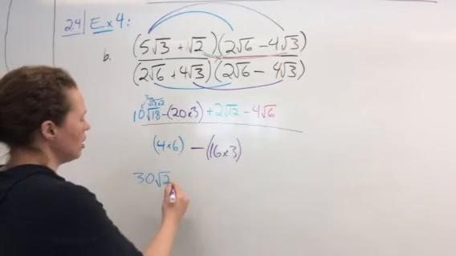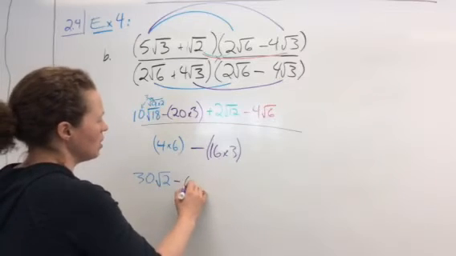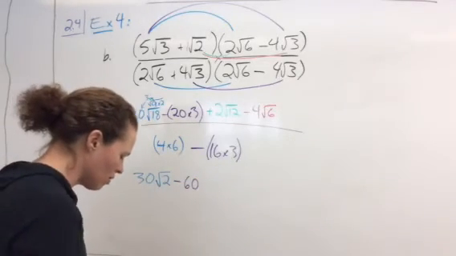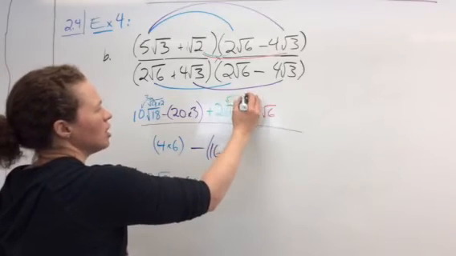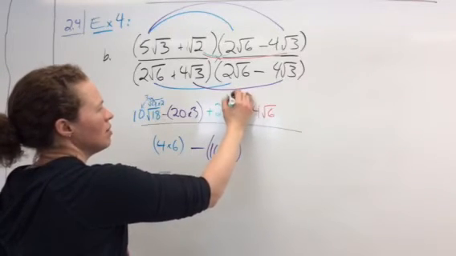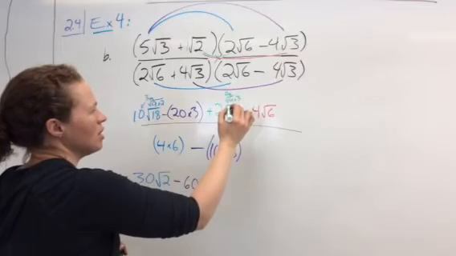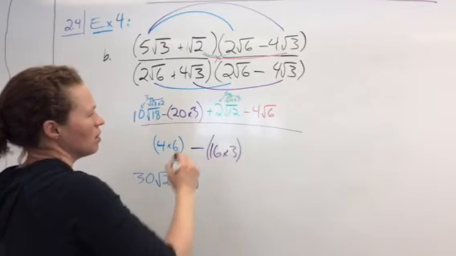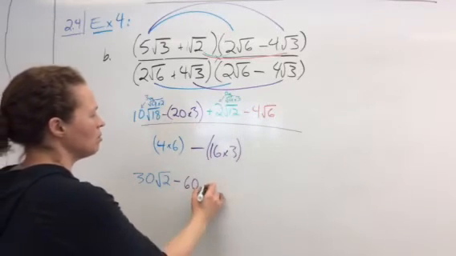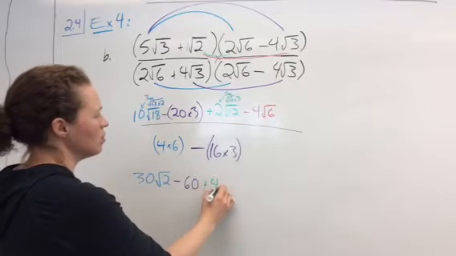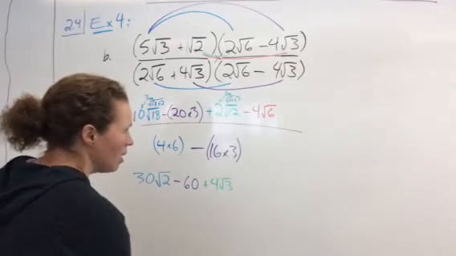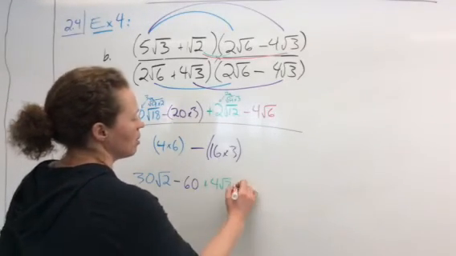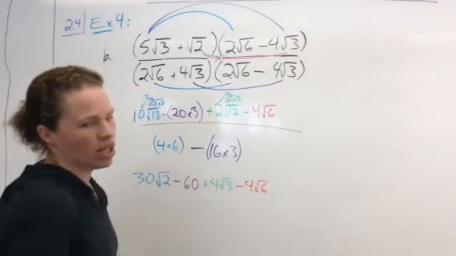In here we've got a negative 20 times 3 is 60. That's pretty straightforward, I think. We look at 12, and 12 can become 4 times 3. So the 2 comes out, and that's going to be combined with that 2, so we will multiply that to a positive 4, and the root 3 stays behind. And minus 4 root 6, there's not really anything we can do, so we just bring it along.